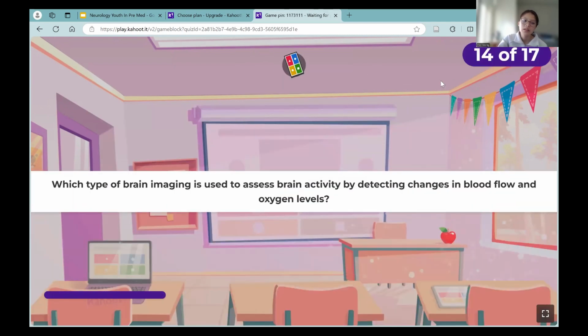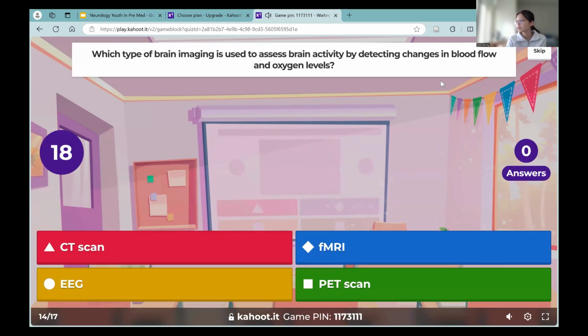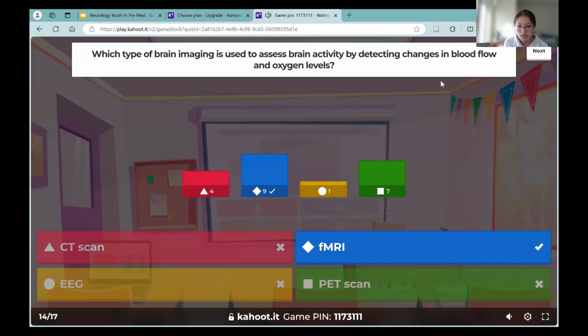Okay. And then which type of brain imaging is used to assess brain activity by detecting changes in blood flow and oxygen levels? Okay, I think this is a tough question.